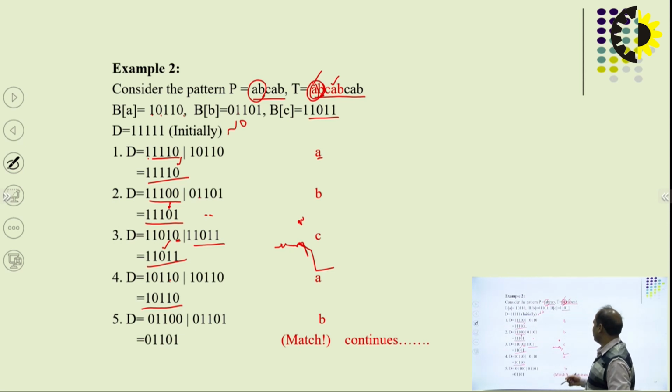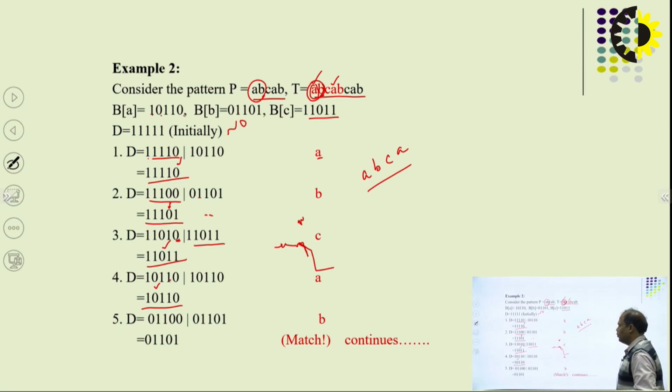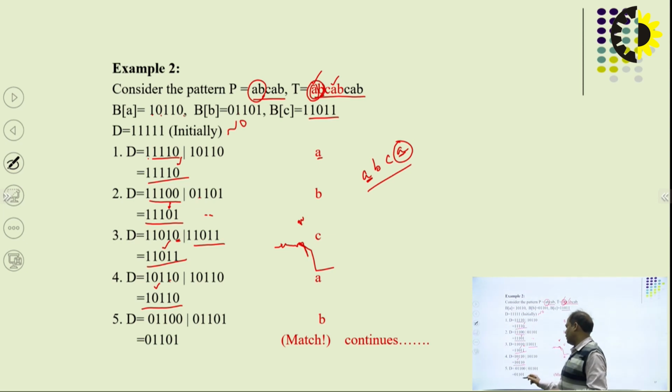It's very simple. If you look here, A B C A, that means it is matching up to 4 characters. At the same time, this is also matching 1 character. Up to this point, you can see that this is a suffix and this is a prefix. So this is always storing all the information.